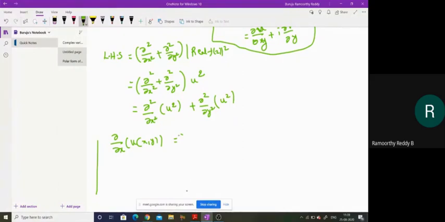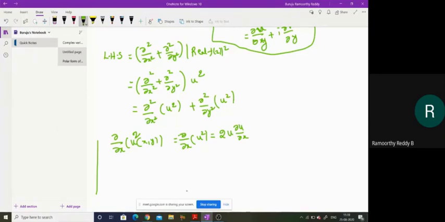Dou by dou x of u square is equal to 2u again dou u by dou x. Like that, dou by dou x of f of x whole power n is n into f of x whole power n minus 1 into again f dash of x.